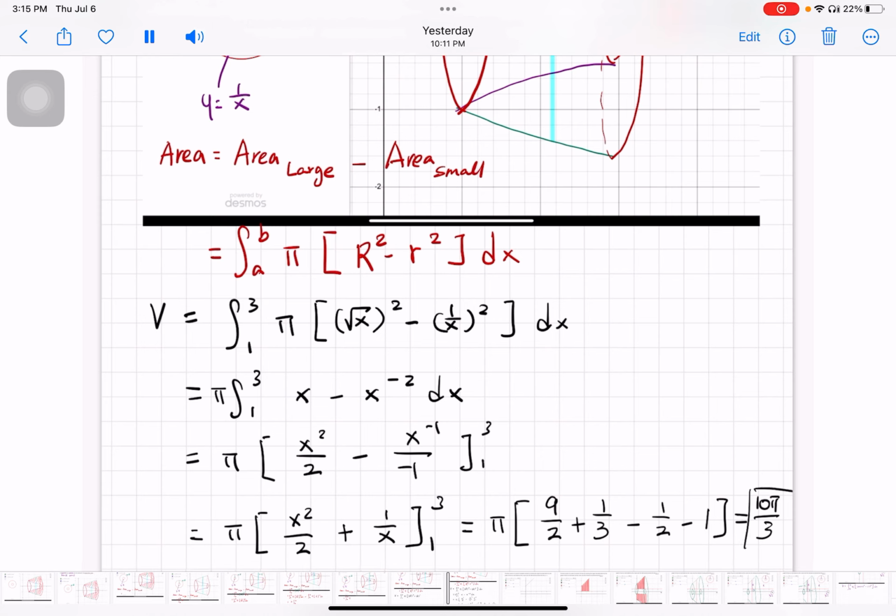And we ended up with 10 pi over 3. So 9 over 2 minus 1 over 2 is 8 over 2, which is 4. 4 minus 1 is 3. 3 plus 1/3, which is 9 over 3 plus 1/3, is 10 over 3. So that's why we got 10 pi over 3.